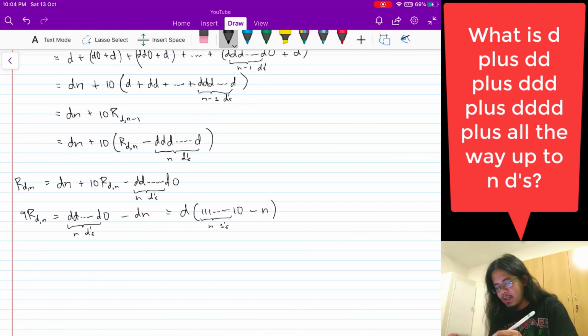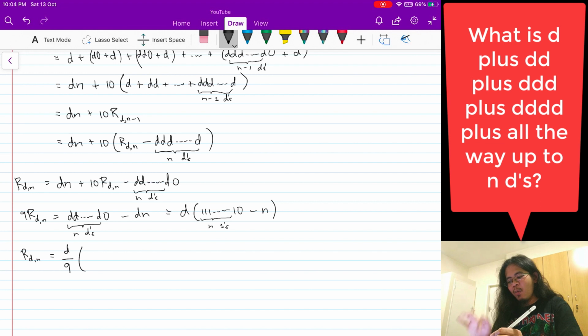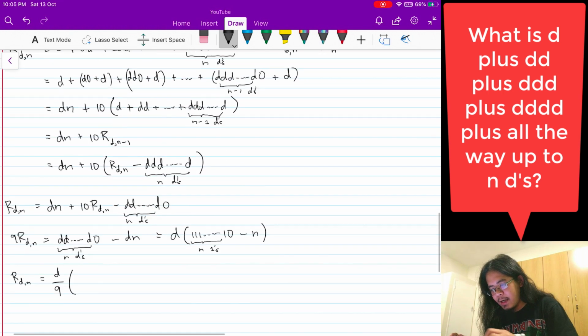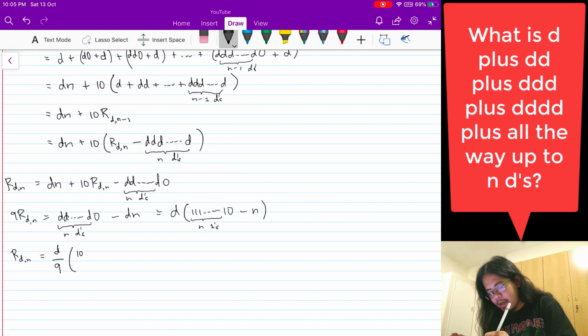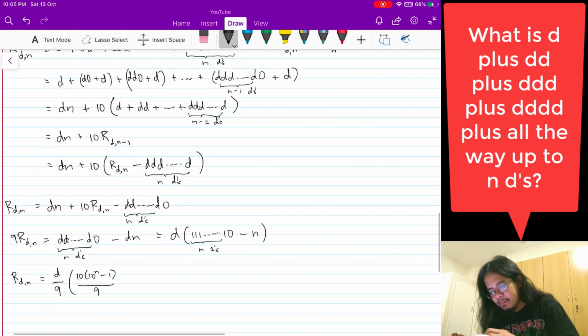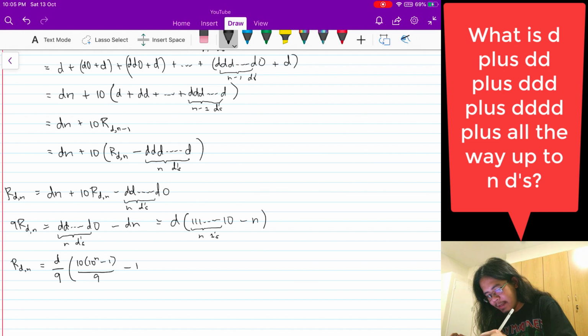So in other words, if you simplify it again, you have R D sub n, this will be equal to D over 9 times the number with n ones and a 0 at the end, which we've already established is equal to (10 to the n minus 1) over 9, and then you have minus n.